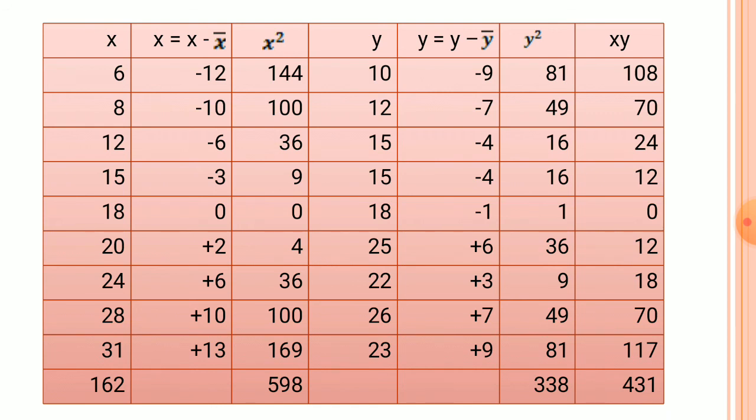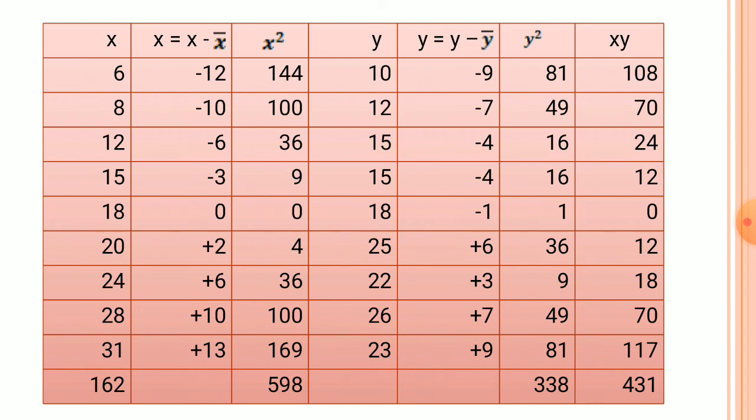And then find the product of deviated values of x and y. Minus 12 into minus 9 is 108, minus 10 into minus 7 plus 70, minus 6 into minus 4 is 24, minus 3 into minus 4 is 12, 0 into minus 1 is 0, plus 2 into plus 6 is 12, plus 6 into plus 3 is 18, plus 10 into plus 7 is 70.